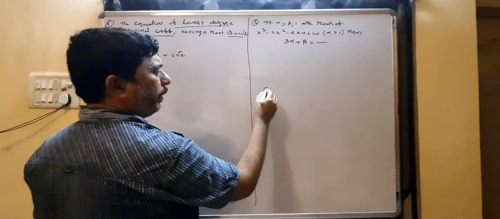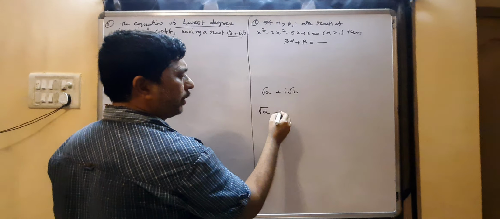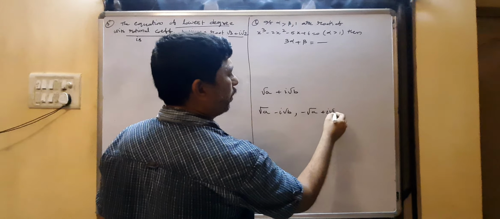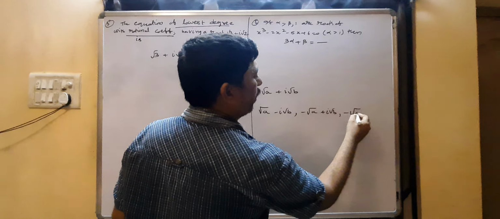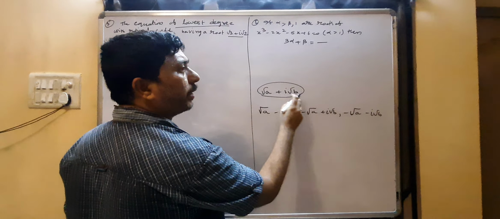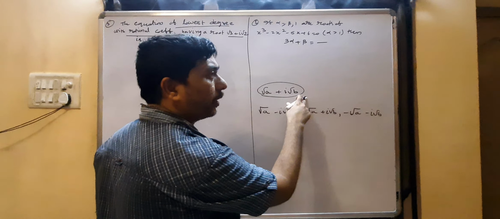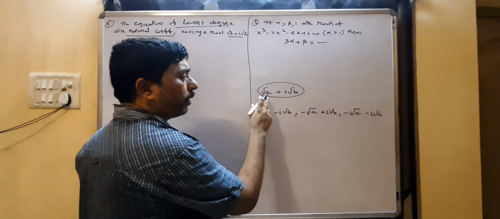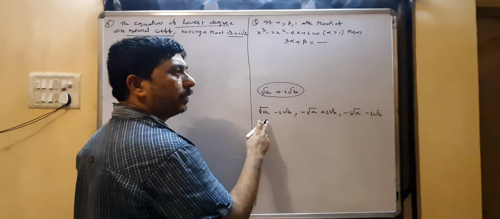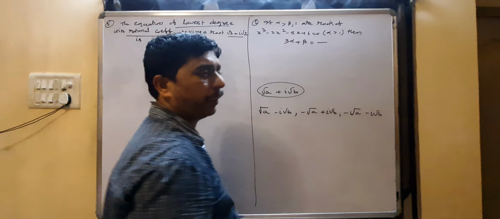Root a plus i root b is the one root, then other roots are root a minus i root b, minus root a plus i root b, minus root a minus i root b. One root is given, the real part is irrational and the imaginary part is also irrational, so it depends on four roots.